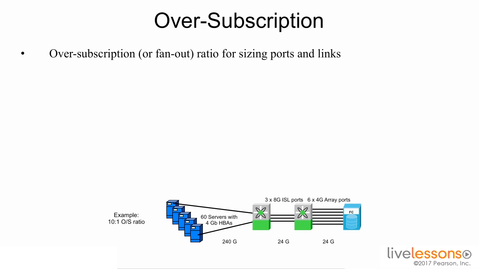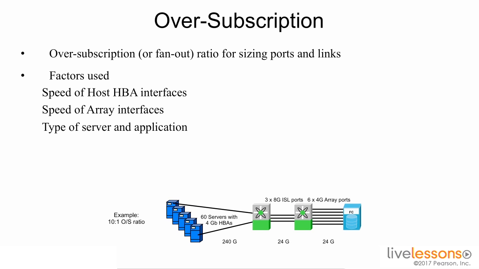When we talk about oversubscription, we're usually talking about the fan-out ratio and sizing ports and links. The factors that are used in determining our oversubscription ratio are the speed of the host's interfaces, the speed of the array interfaces, and then the types of links in between those, as well as the types of servers and applications that are connected to those links.